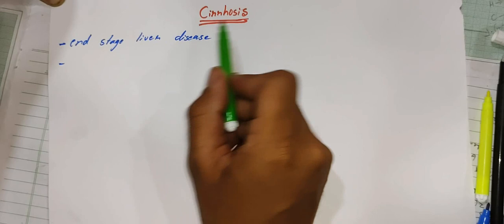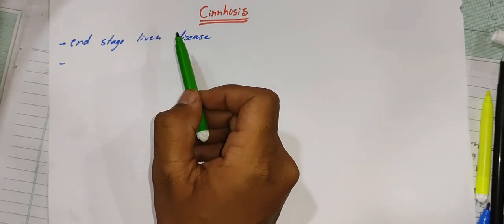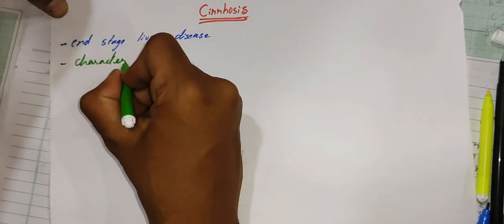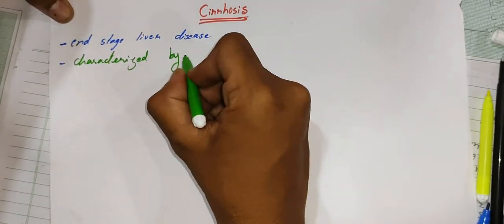Now coming to the cirrhosis of liver, it is an end stage liver disease. It is mainly characterized by 3 things that you have to remember.